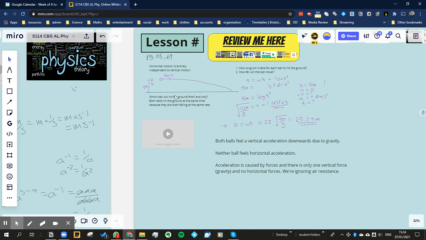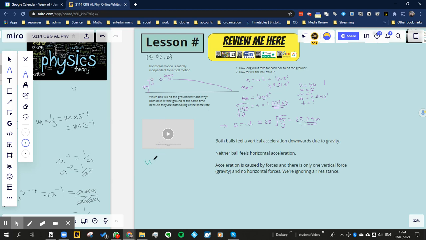So if we look at this, for example, how long will it take for each ball to hit the ground? How far will it travel? Well, we first of all think, what do we know from something that's in this situation? It's starting from rest.